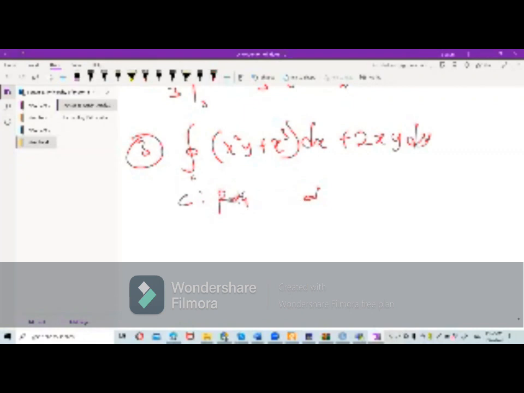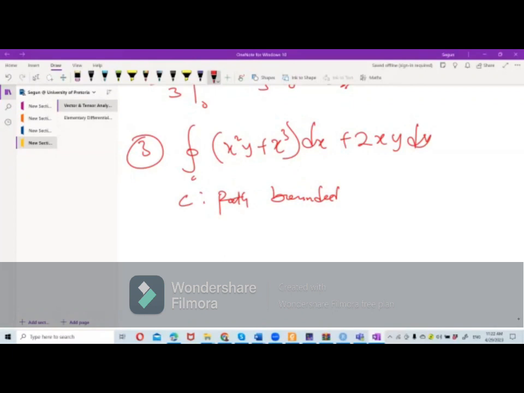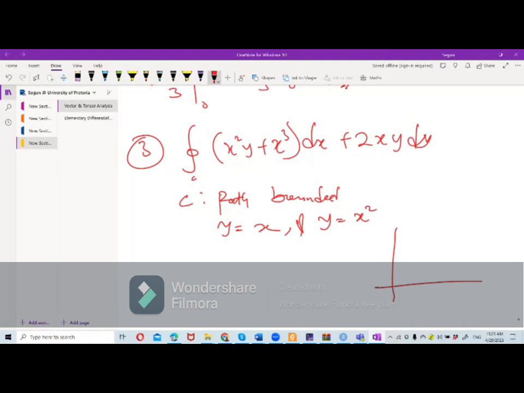What do we have in the part bounded? y equals x and y equals x squared. We know that this is a quadratic. It's similar to the first example we had the other time.